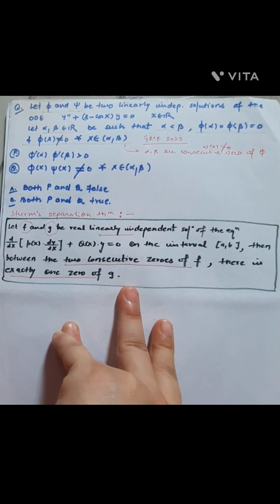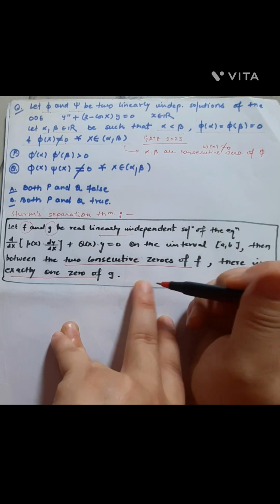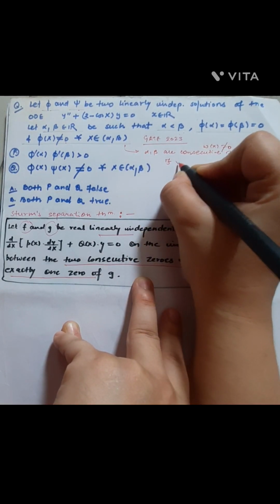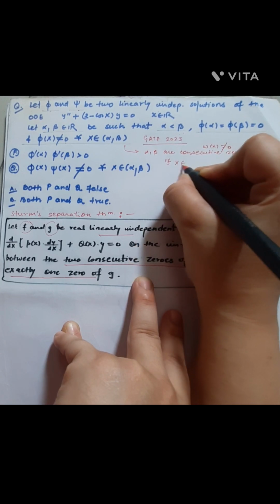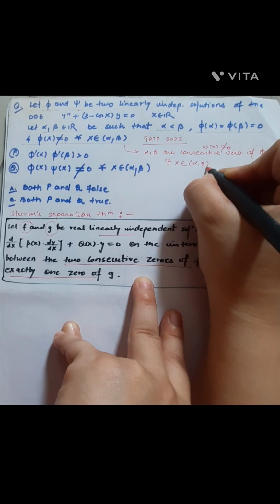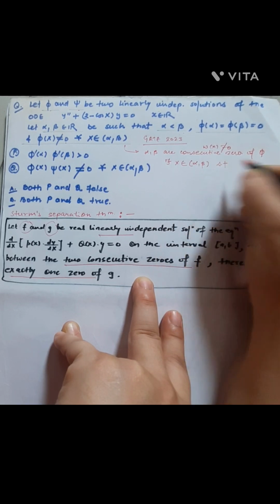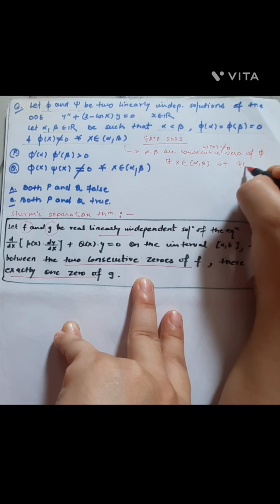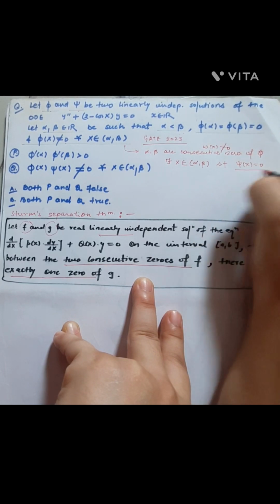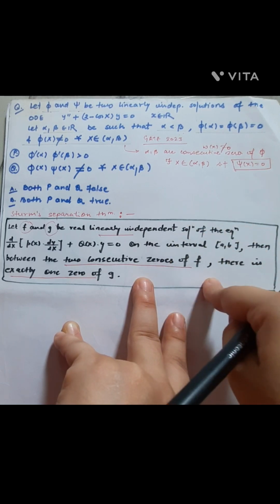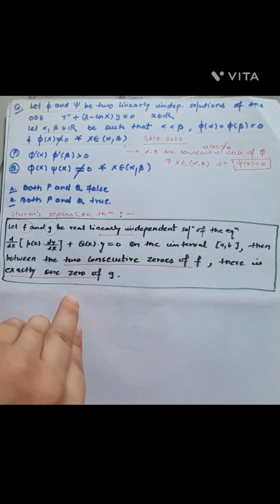So according to this theorem, there lies at least one root between this interval alpha beta such that this function psi of x is 0. How do we write this? According to this theorem, right?